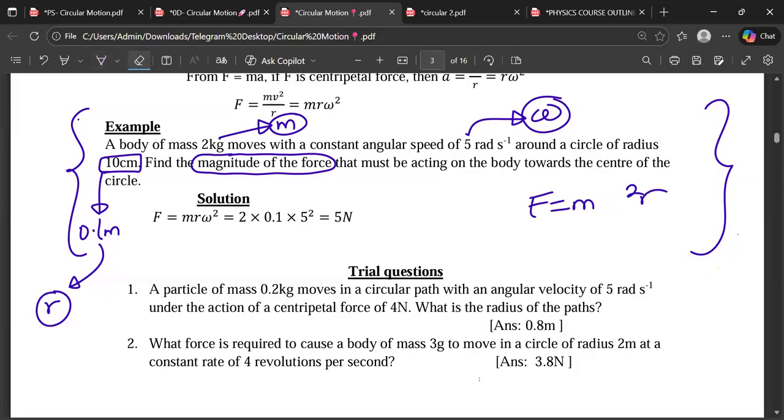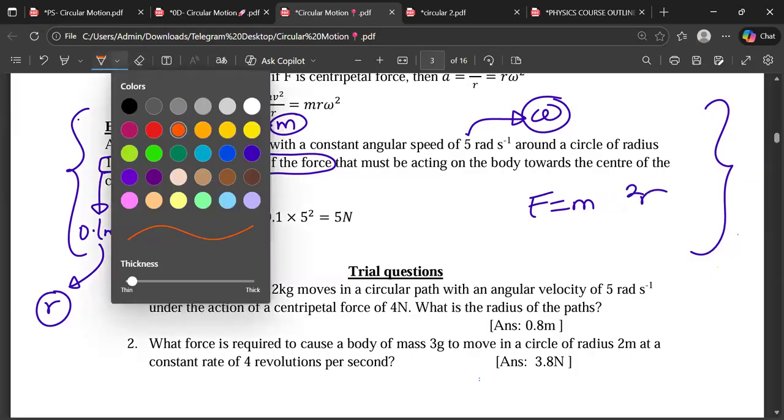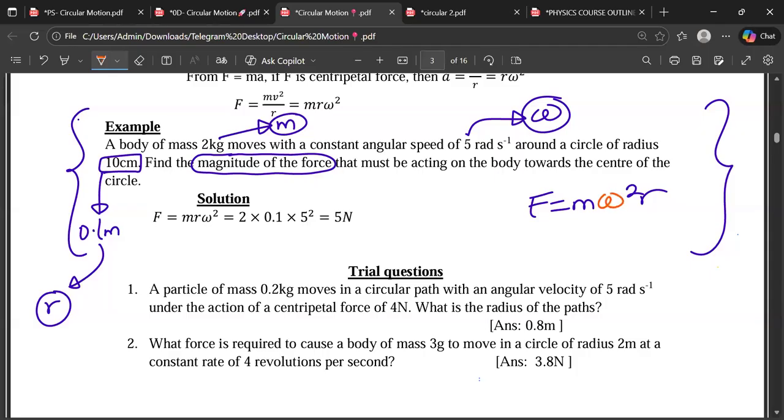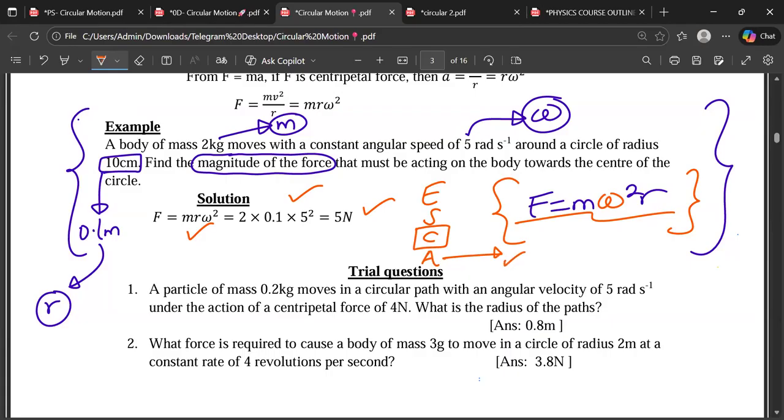Without you first getting acceleration and then force later, it is wasting time. So that is it: the formula, the substitution, and the answer. But I advise, since you always use answer sheets, you have the expression alone, the substitution alone, the computation if necessary, then the answer.